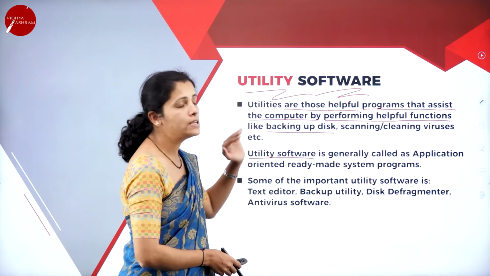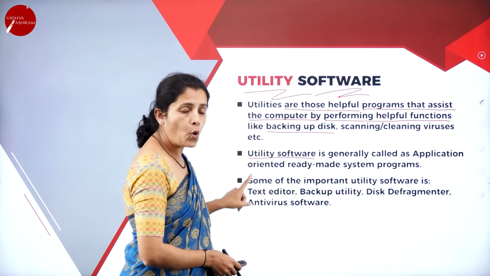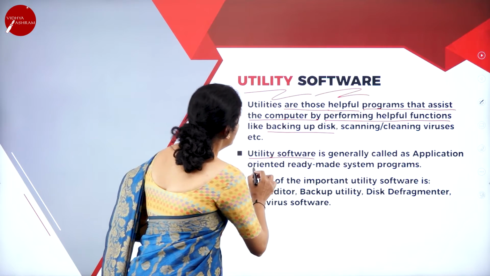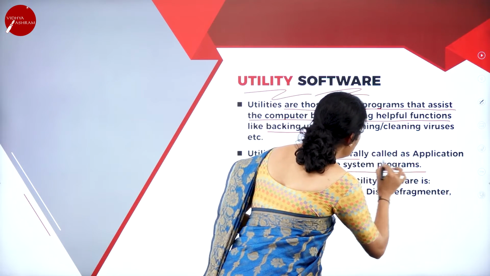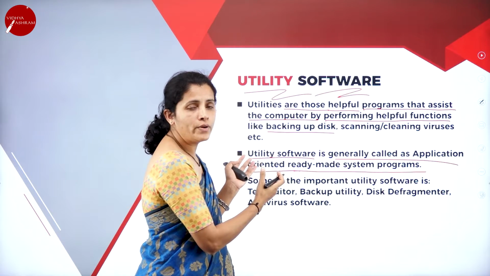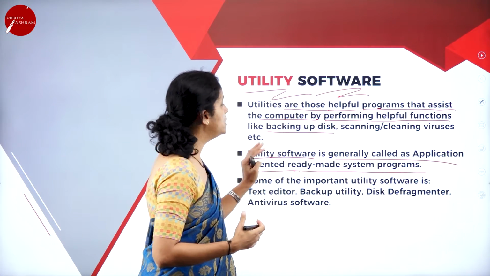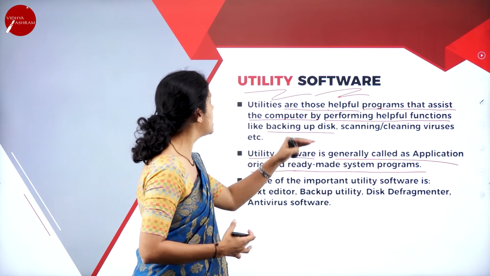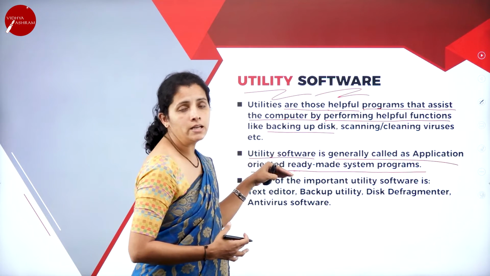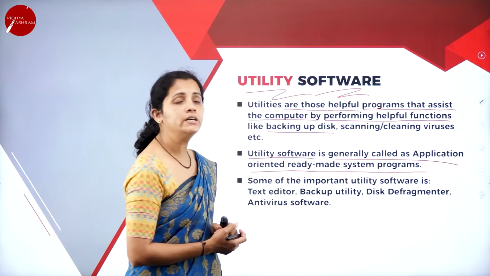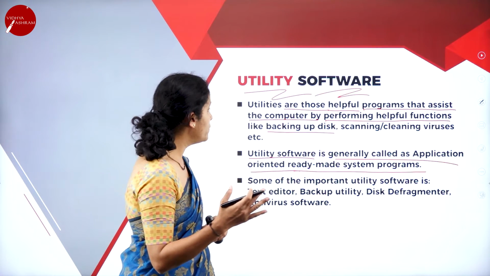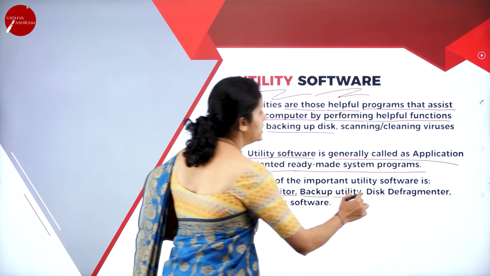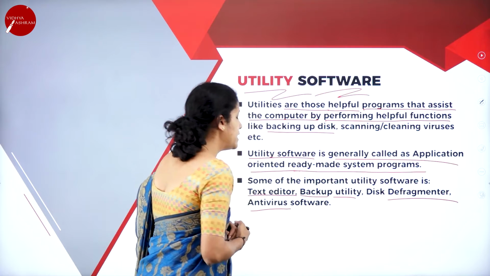Utility software is nothing but an application-oriented ready-made system program, and we can expect this one for 1 mark. So utility software are commonly identified as application-oriented ready-made system programs, and some of the very important utility software are text editor, backup utility, disk defragment, and antivirus software.